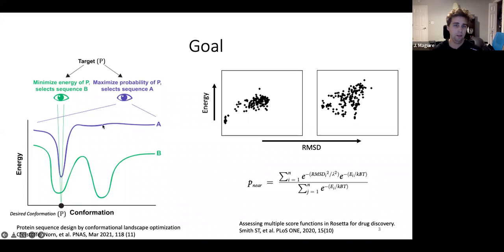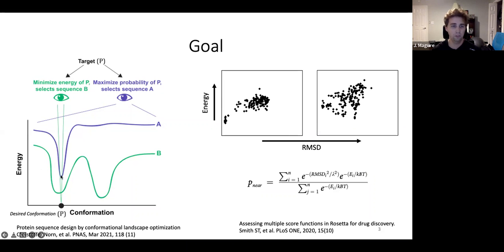Sequence A is always a worse Rosetta energy than sequence B. However, its global minimum is at the desired conformation. Whereas sequence B actually has a lower energy at your desired conformation, but it's not the global minimum, and there is a competing state.